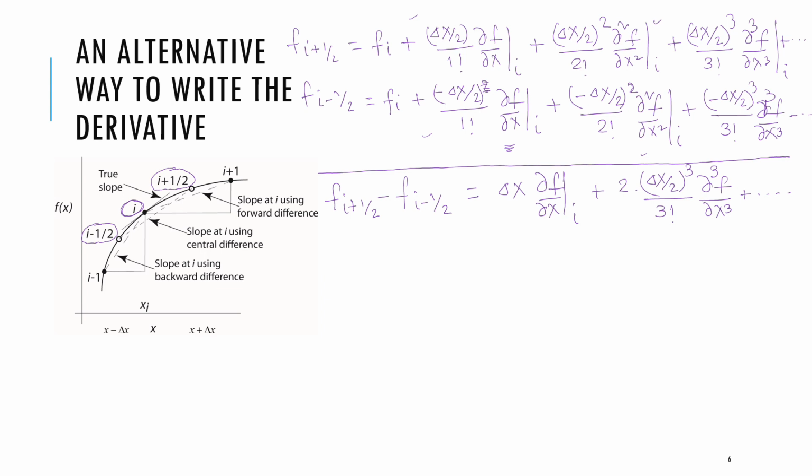So now we solve for ∂f/∂x at i, which is equal to (f_{i+1/2} − f_{i−1/2}) over Δx, and minus 2 times (Δx/2)³ over 3 factorial times ∂³f/∂x³.